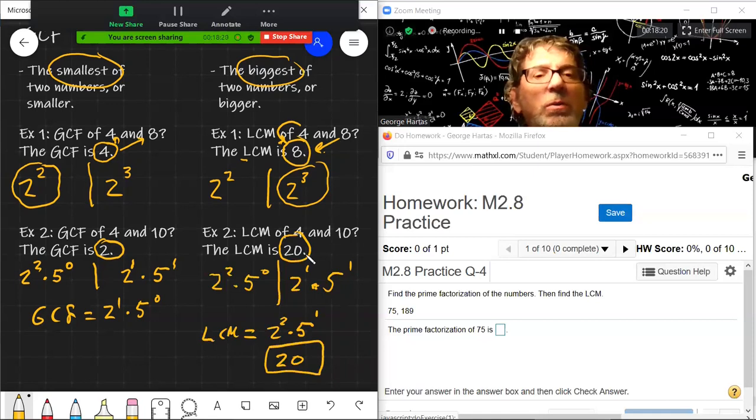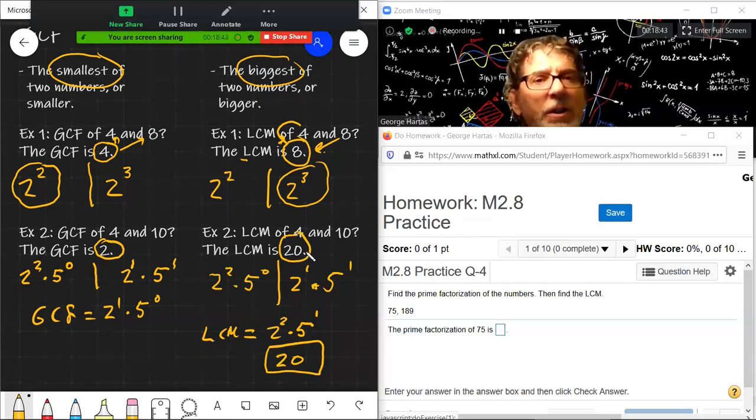So 20 is the magic number, and I'll show you how we get these when we go into the problems. 4 divides into 20 here, and 10 divides into 20 here. So this is the lowest number possible that both of these divide into, 20.